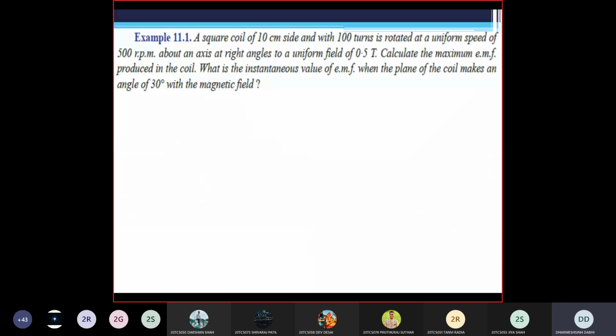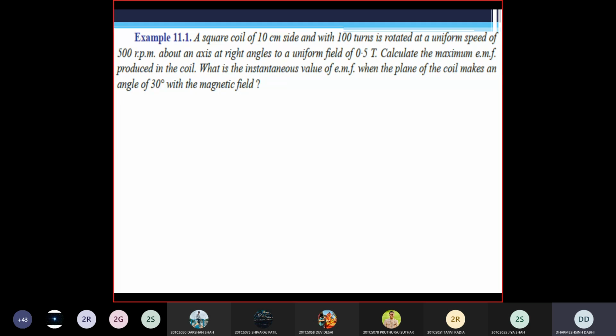Let's calculate an example related to these AC quantities. Write down, all of you. A square coil of 10 centimeter side with 100 turns is rotated at a uniform speed of 500 rpm about an axis at right angle to a uniform field of 0.5 Tesla.